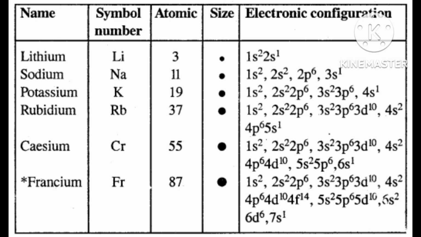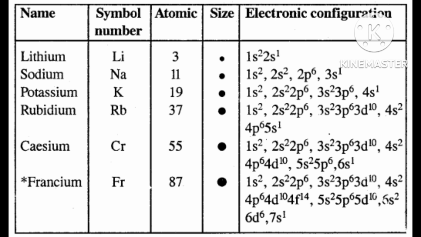In that way, lithium also: lithium ion, Li+, will be smaller than Li. Like that, potassium ion, K+, will be smaller than K, because the outermost orbit will close and then automatically size will be smaller.